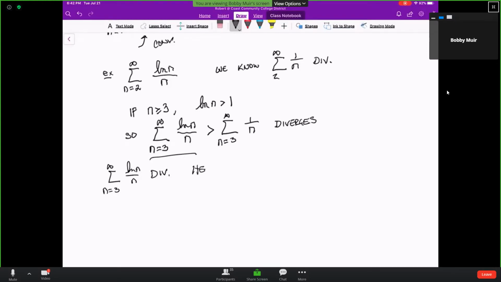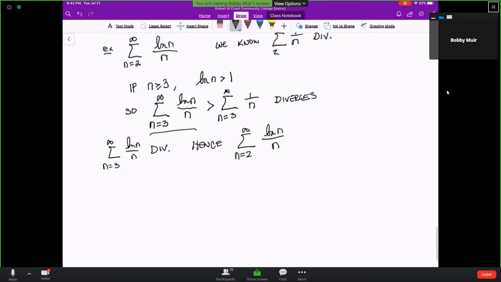Hence, the original also diverges, because remember, adding or removing a finite number of terms from the sum isn't going to affect the outcome. It'll affect what it adds up to maybe, but it's not going to affect convergence or divergence.